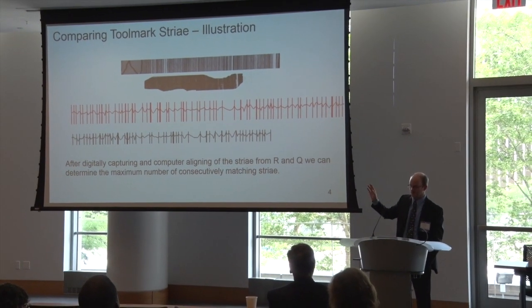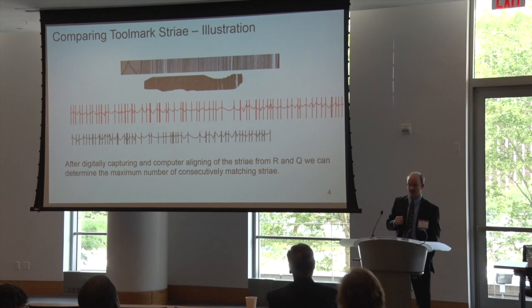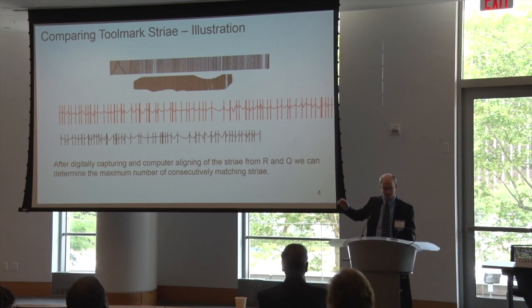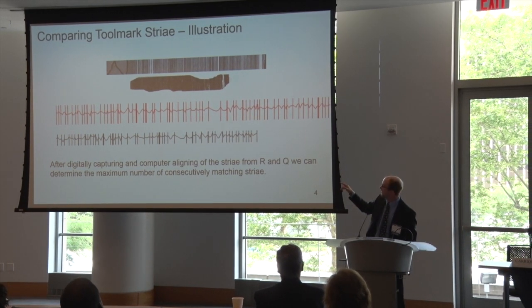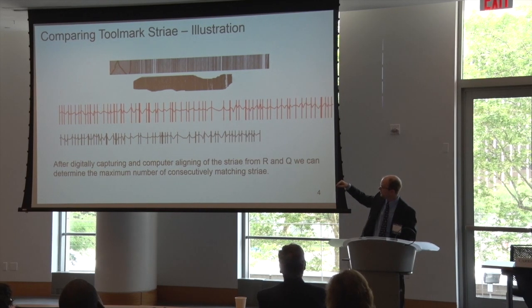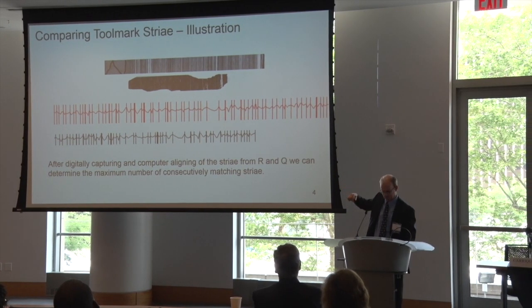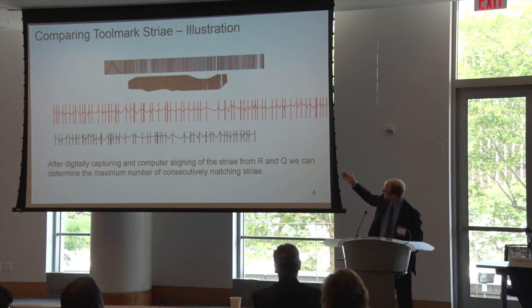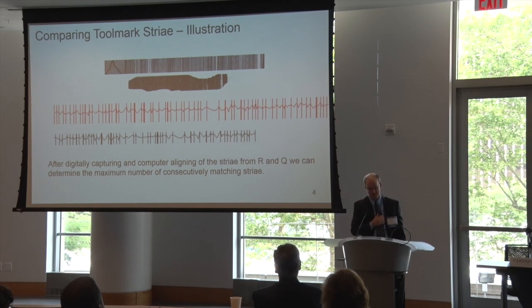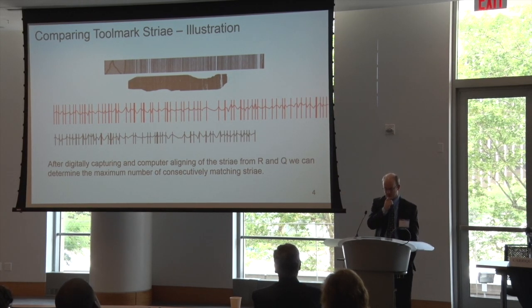The vertical bars identify where there was a hilltop along that profile. Similarly, the black line is a profilometer applied to the crime scene impression, and the black vertical lines represent hilltops along that profile.